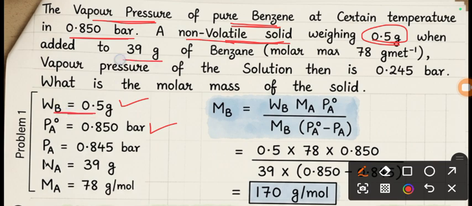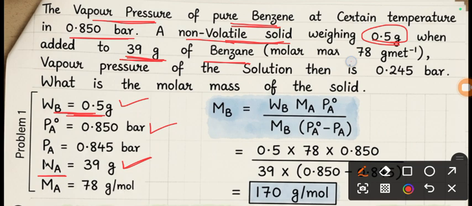When added to 39 grams of benzene, 39 gram is WA, the mass of solvent. The higher value is the mass of solvent, and the lower is the mass of solute.